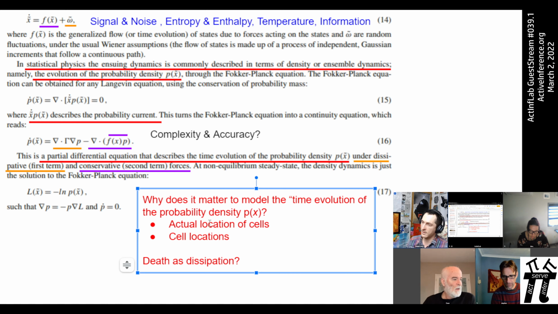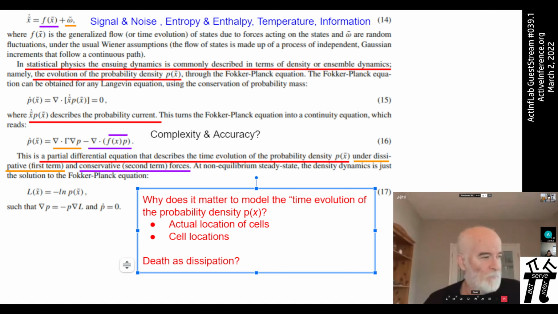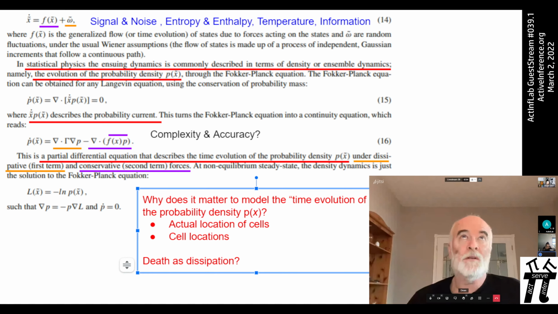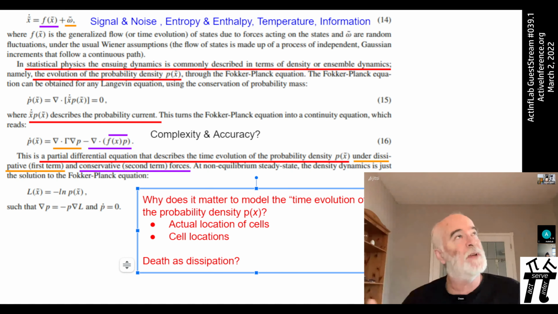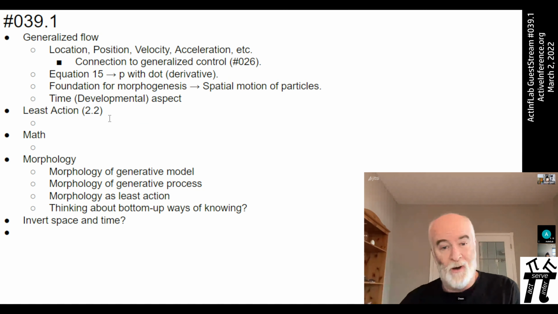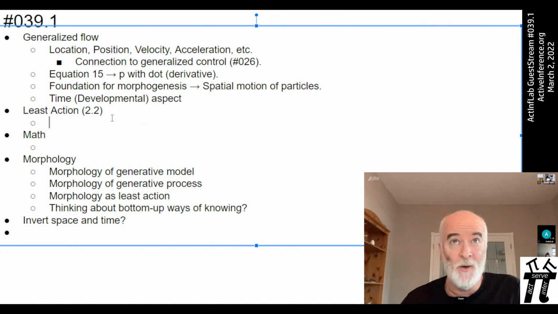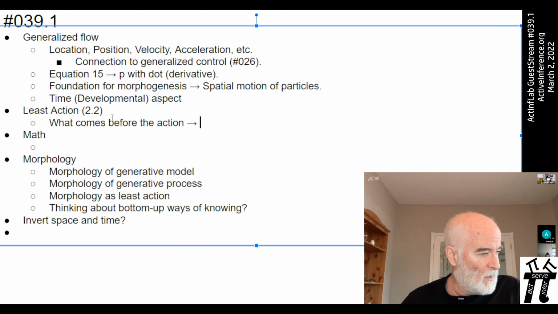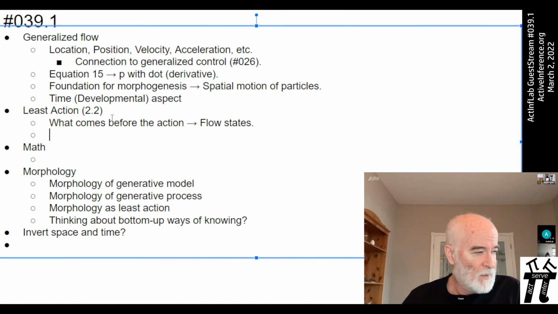Okay, Dean, yes? So I want to step back for a second here. We started out talking about, what are the implications for least action? And then we stepped into the idea of what came before the action. Well, it was these flow states. Now I want to go back to the action part. Under that section 2.2.2, the second paragraph says that the least action principle can predict the emergence of forms.